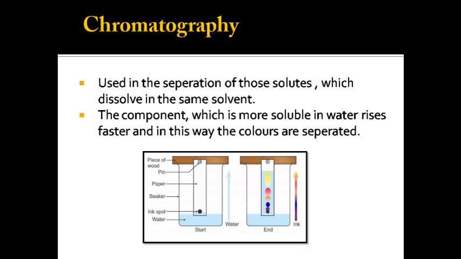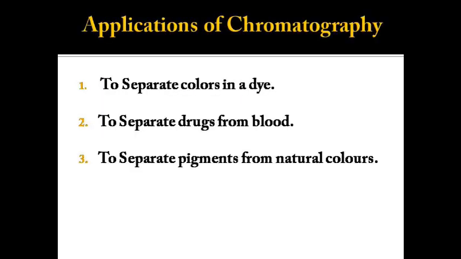You can see in the figure that at the start we have just ink, but at the end we can see that many colors are coming from the ink and the one which is more soluble is at the top. You can see the yellow color in the figure getting to the top. That means it is more soluble in water, and the color which is less soluble in water is at the bottom.